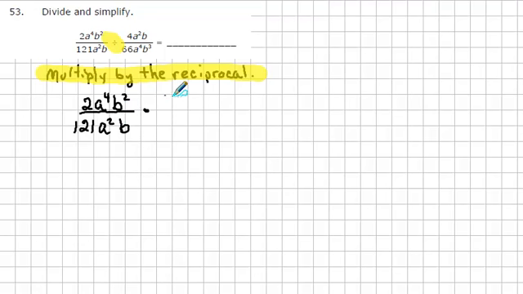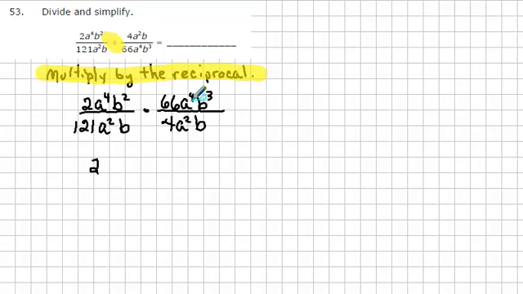The reciprocal is 66a to the fourth b cubed over 4a squared b. At this point, we need to recall that to multiply rational expressions, we multiply across the top and multiply across the bottom.